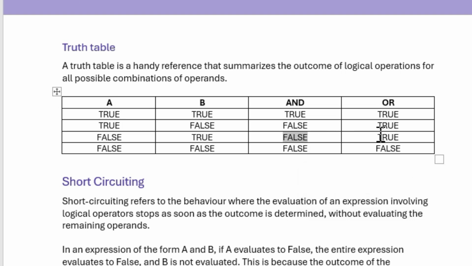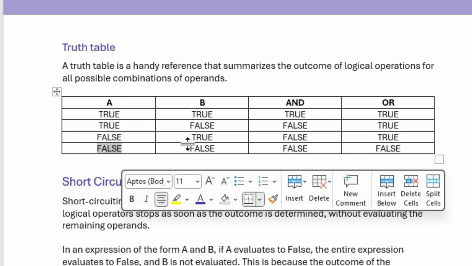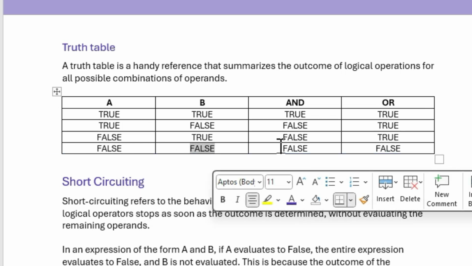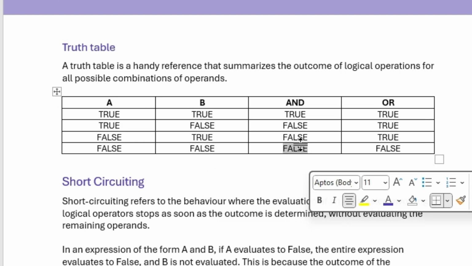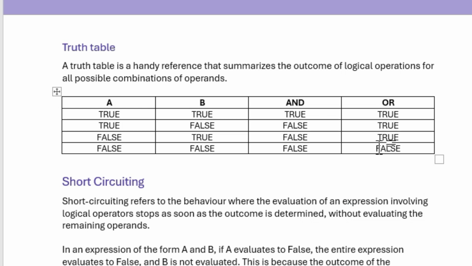A or b will return true because at least one of the operands is true. And lastly, we have a is false and b is false, which will of course return false for and because not all of the operands are true, and or will also return false because there is not a minimum of one operand that is true.